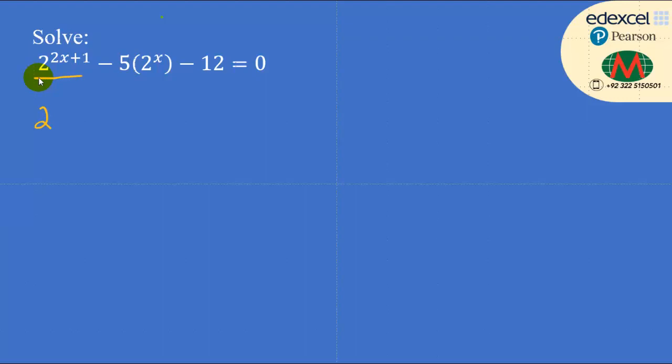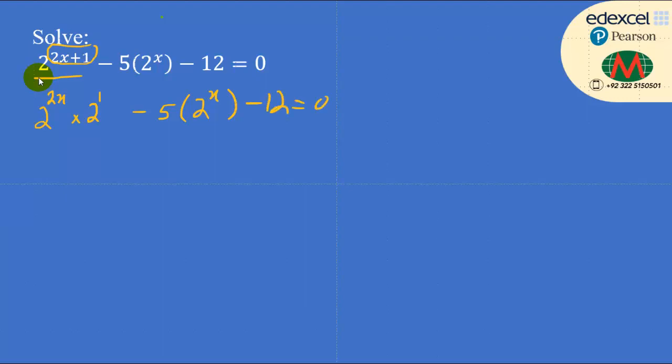So this can be split like this: 2^(2x) times 2^1. You know that we add the powers when there is a multiplication sign between the indices. That's why we use this rule, and we have split it like this. Then minus 5 times 2^x, minus 12 equals 0.